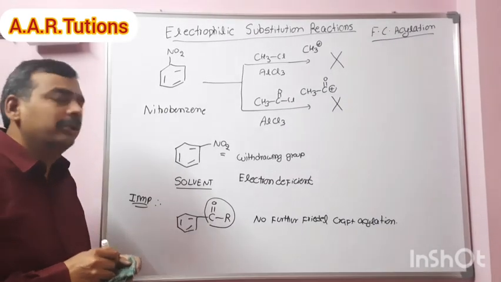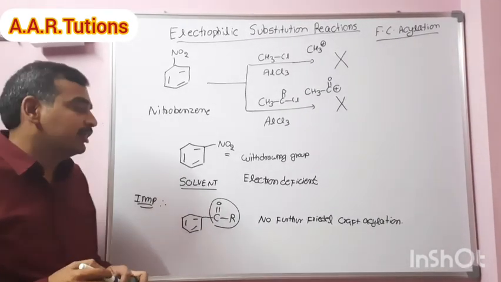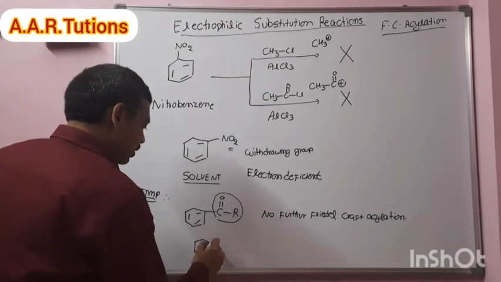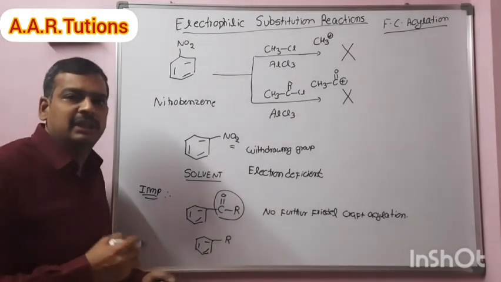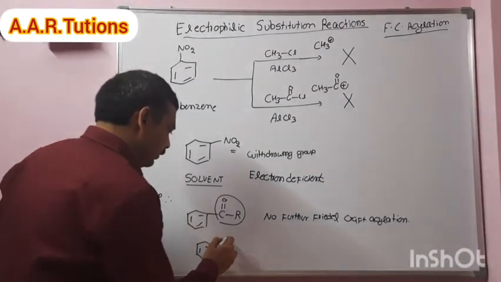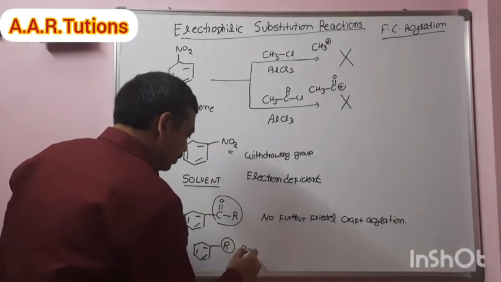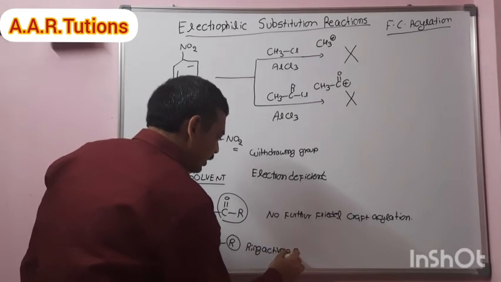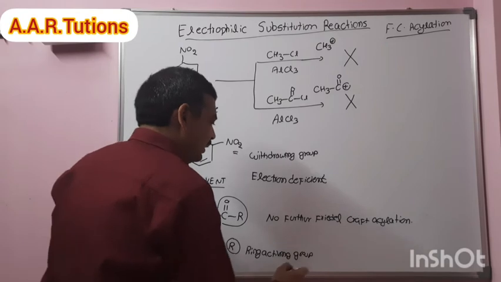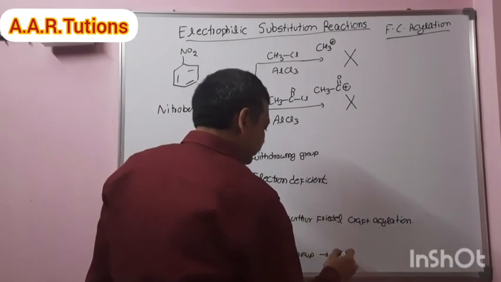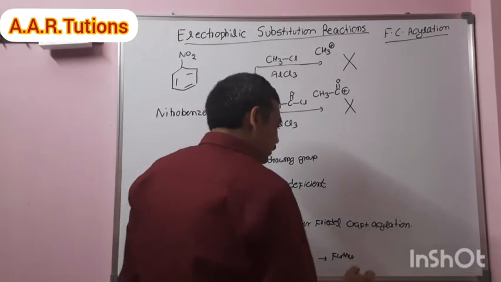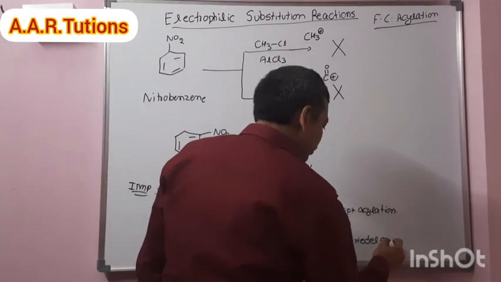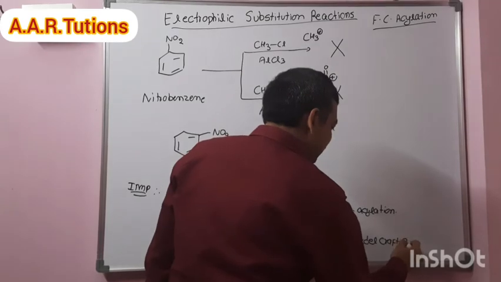Whereas in Friedel-Crafts alkylation, an alkylbenzene is always formed. This is a ring activating group. Since a ring activating group is present, further Friedel-Crafts alkylation takes place.